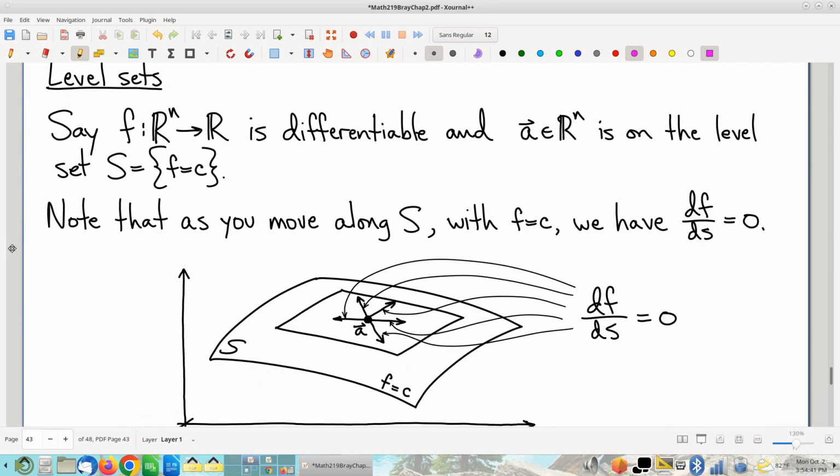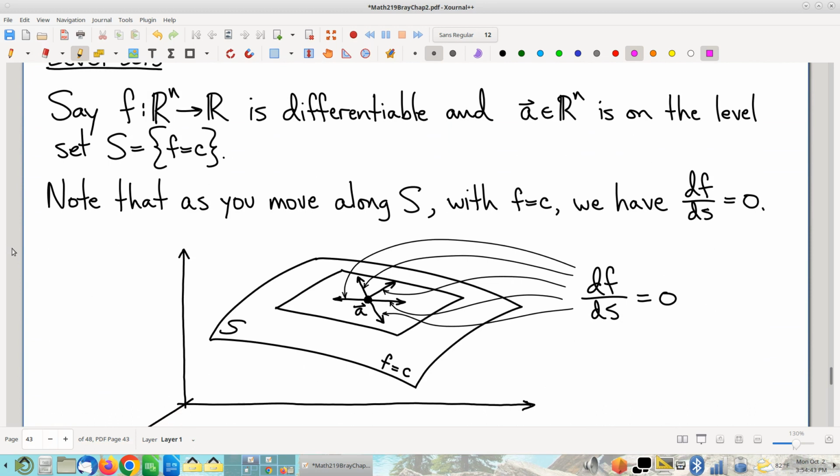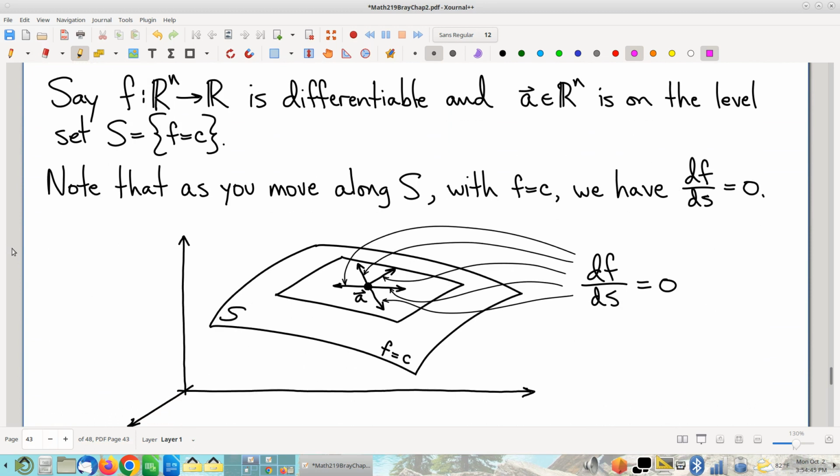We are no longer going to be looking at a graph. As it happens, this is still a surface, but this surface is not to be thought of as a graph of anything. Instead, in this case, this surface is a level set.